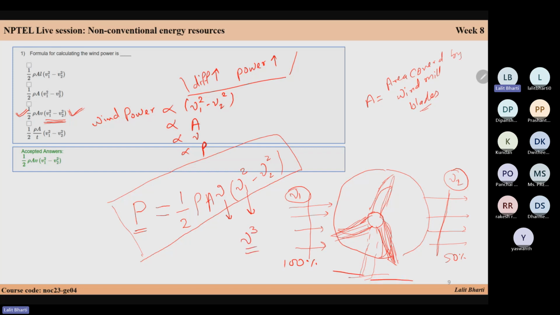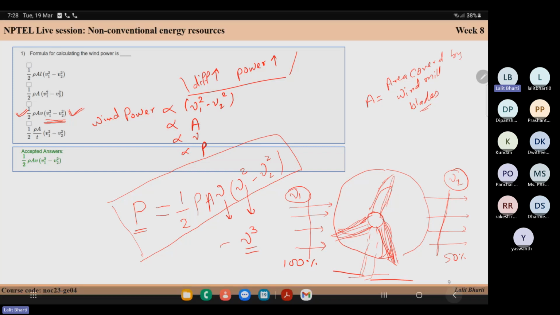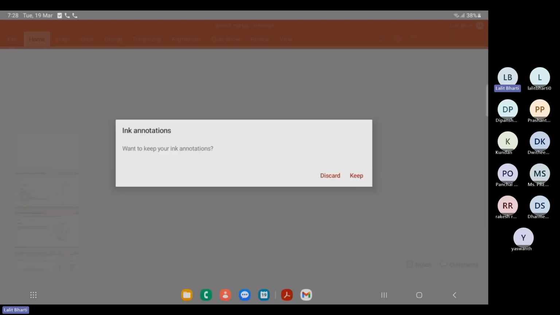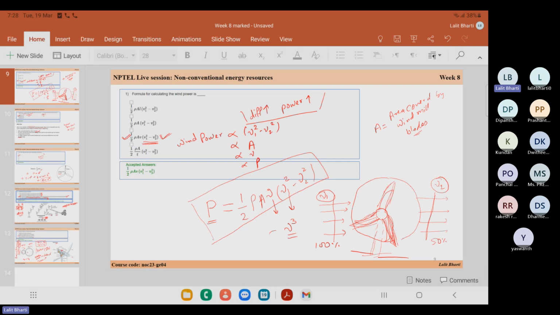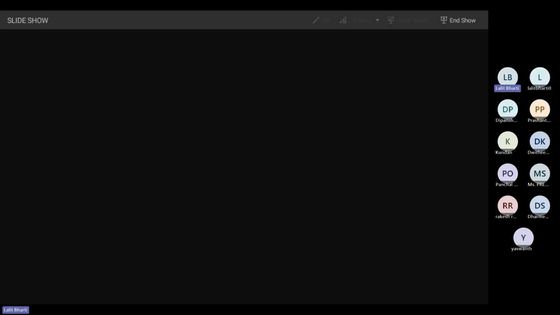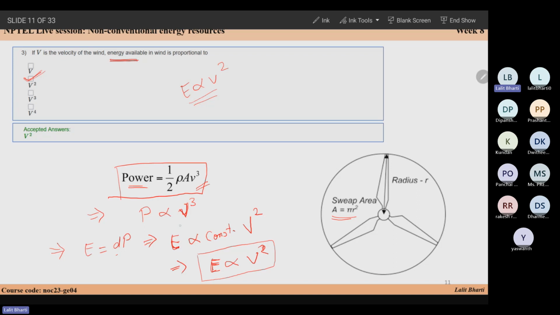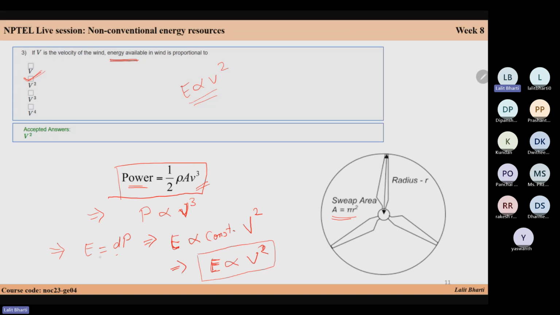But they are asking for energy. So what is the relation of energy from power? You can get E from the derivative of P, E is equal to dP by dt. So P is proportional to V cube.